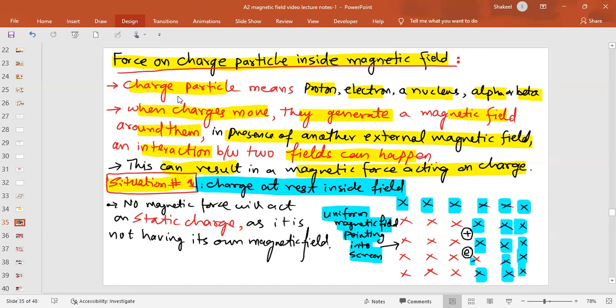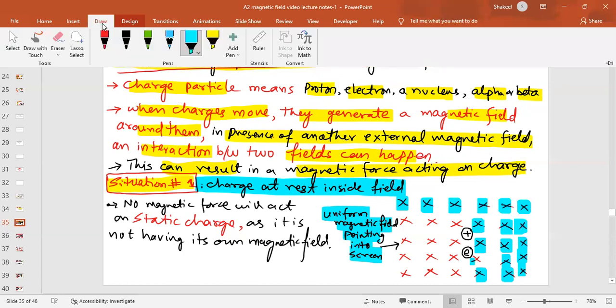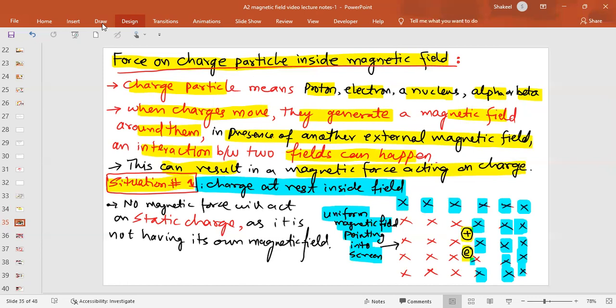Then there are two charges shown inside that field. One is positive and one is the electron or negative, and they are at rest. Well, when they are at rest, there would be no magnetic force acting on the static charges, as they are not having their own magnetic field. So no interaction between the fields, and hence no force will be acting on the charged particle.